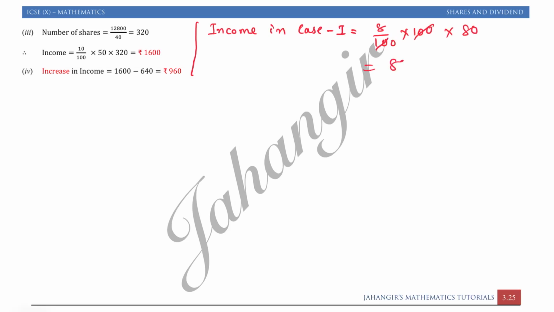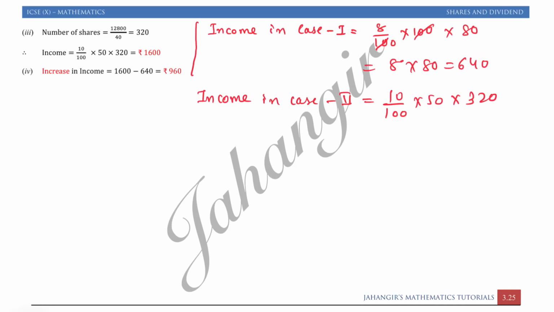The first case income is 8 into 80, that is 640. Income in case 2: rate of dividend is 10% upon 100, face value is 50, and he holds 320 shares. 00 cancel. 32 into 50, that is equal to rupees 1600.